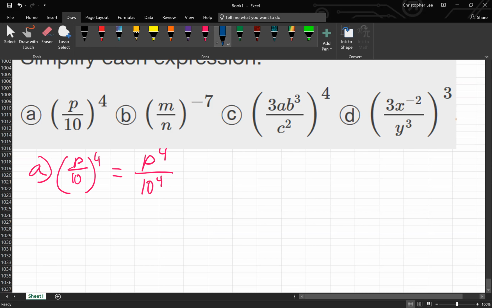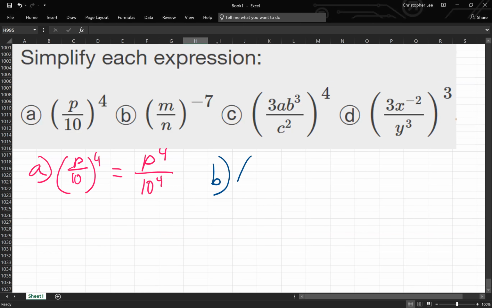Let's look at B. I have m over n to the negative 7 power. What does that become? Reciprocal. So I have n over m raised to what power? Positive 7. Questions on that? Okay. Let's look at C.